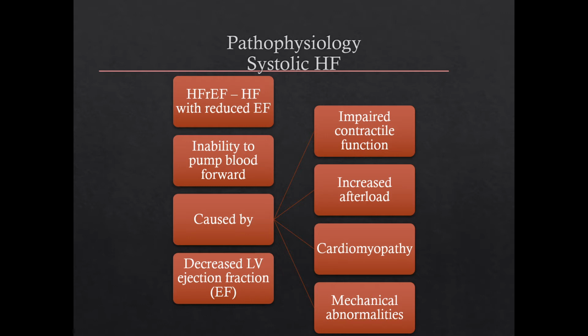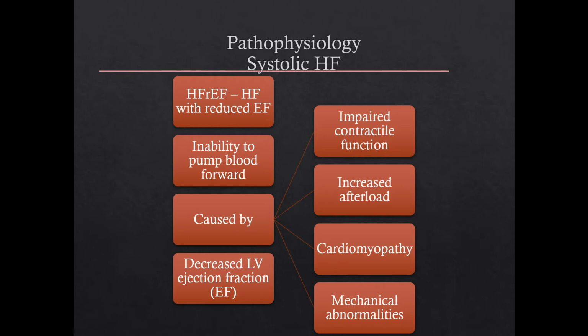So with heart failure that has reduced ejection fraction, the pathophysiology is again an inability to eject or push the blood forward, right? Which is decreased left ventricular ejection fraction, and it's caused by either increased afterload, the systemic vascular resistance that the heart is working against, impaired contractile function, a problem of the muscle of the heart, or mechanical abnormalities.